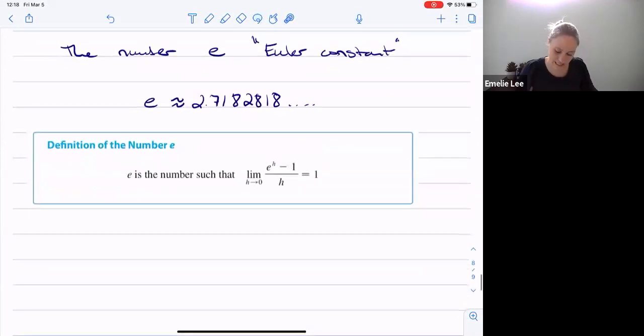So e is the number so that, and this kind of notation should look pretty familiar, the limit as h goes to 0 of e to the power of h minus 1 over h becomes 1, meaning that the derivative of e to the x at 0 is just 1. So let's talk about what this means.